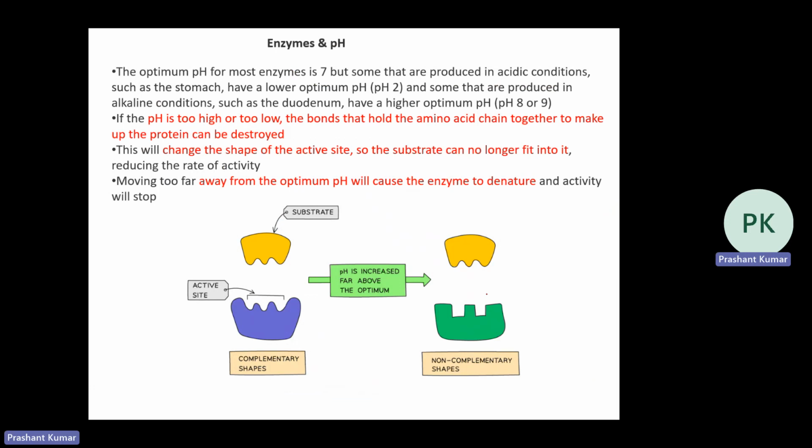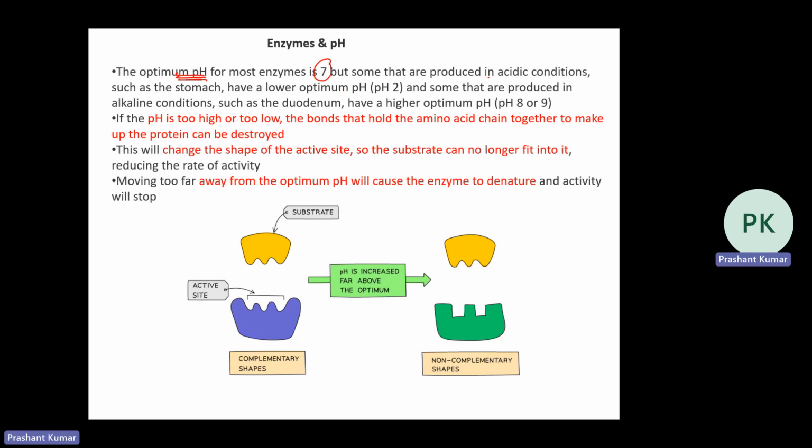Enzyme and pH, yes, enzyme and pH have again a very direct connection. As we have seen, if pH is also not maintained, enzyme activity is going to be disturbed. The optimum pH for most enzymes is 7, because our body temperature is near room temperature, and the neutral pH of 7 is the best condition for enzymes to work.